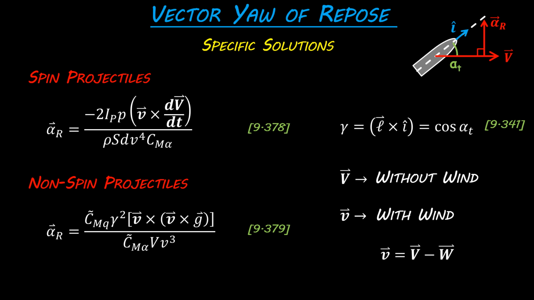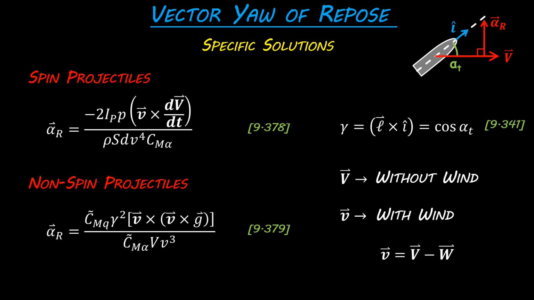So to calculate those, the lowercase v is equal to our projectile velocity, uppercase V, minus our wind velocity. That is a minus because we have to keep track of our coordinate system and which way we've defined as positive.